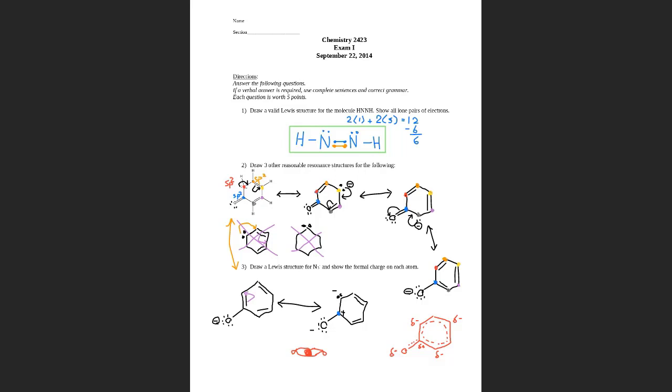But the dashed lines are a result of resonance delocalization from these pi orbitals. These peanut-shaped pi orbitals are in a ring here, and essentially the electrons just circulate through those pi orbitals, and so they delocalize throughout the entire molecule. So that's what the entire molecule actually looks like.